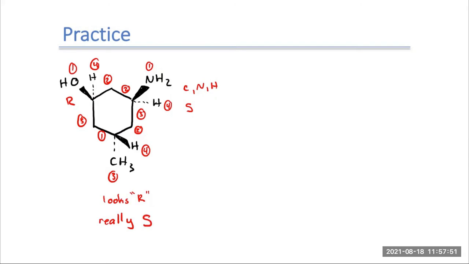So if we were to redraw our molecule, so it's a little neater and we can see everything again, we end up with the configuration of R, S, S. Now we know what the stereochemistry is for all of those.